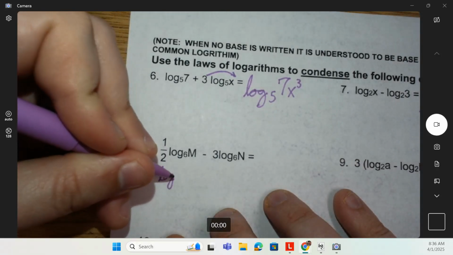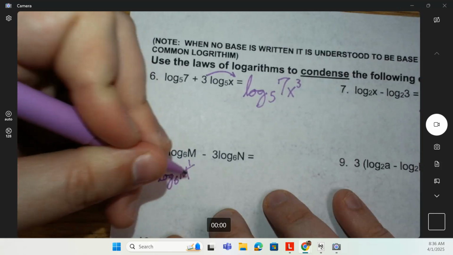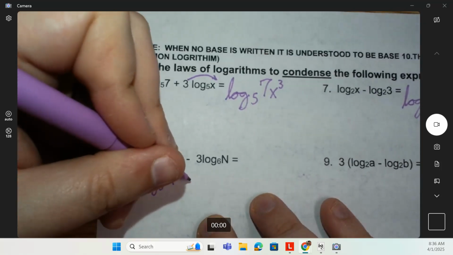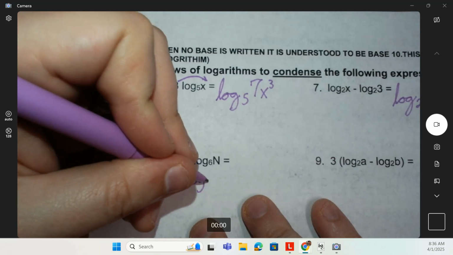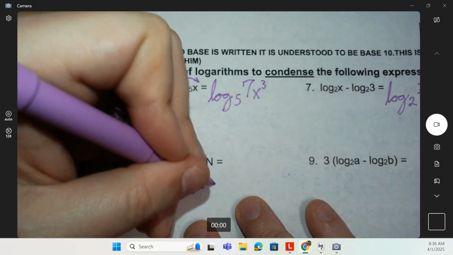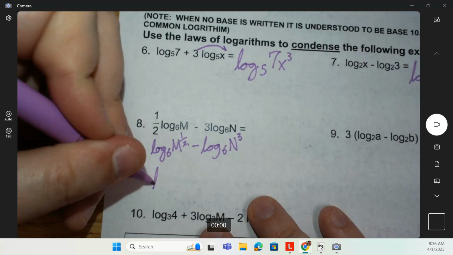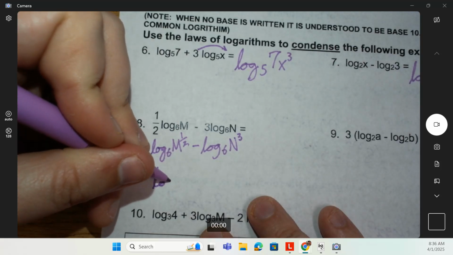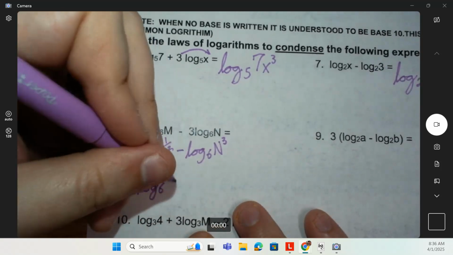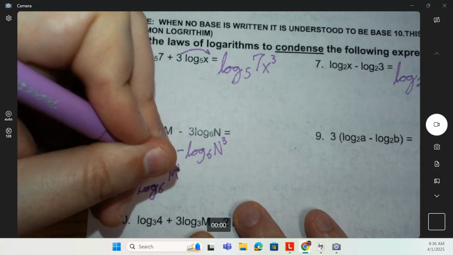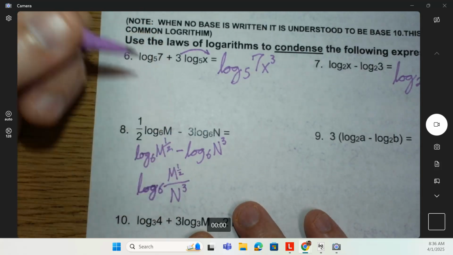We've got log 6 of m to the 1/2 power minus log 6 of n to the third power. And so that'll just be written as a fraction because when I put it together, those will divide. So log 6 of m to the 1/2 power over n to the third power.